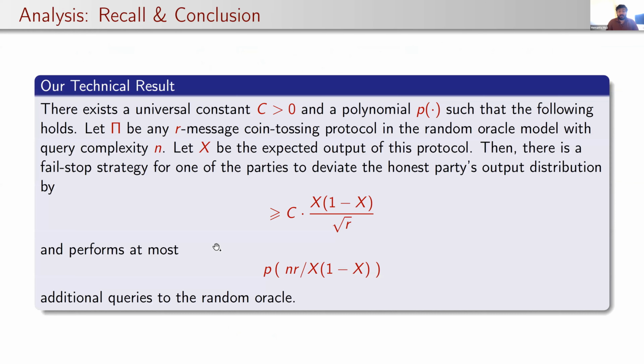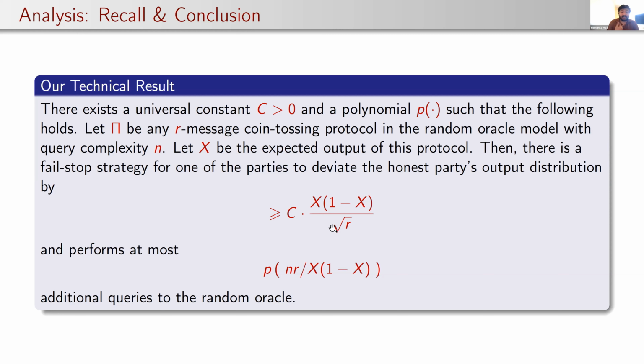Okay, so let me quickly summarize the theorem that we have proven. Suppose we have an r-message coin tossing protocol π that makes n queries to the random oracle. Parties have unbounded computational power. X is the expected output of this coin tossing protocol.